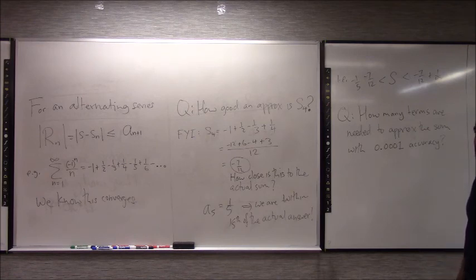Maybe you could just equate -1 to the power n over n to 0.0001 and find n.